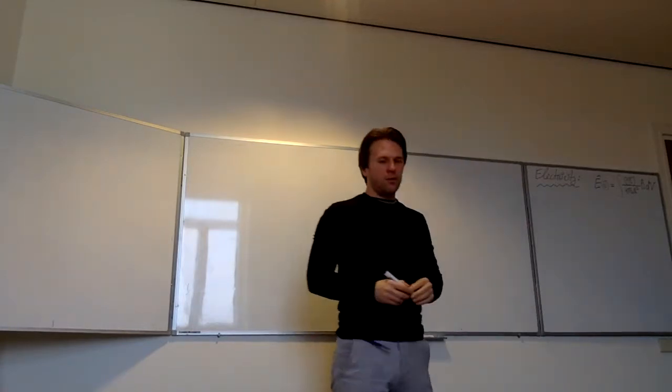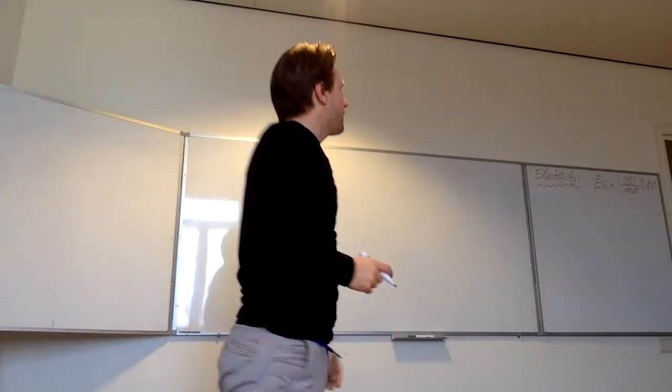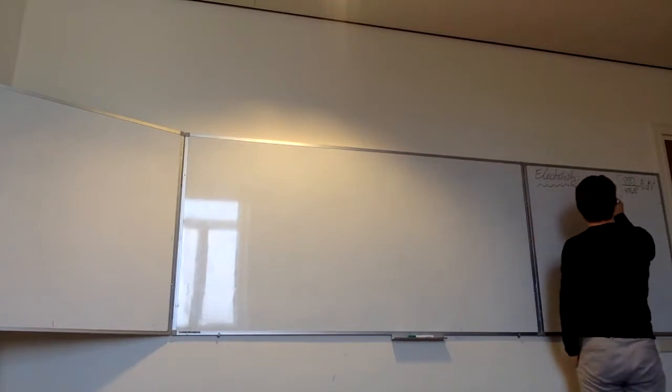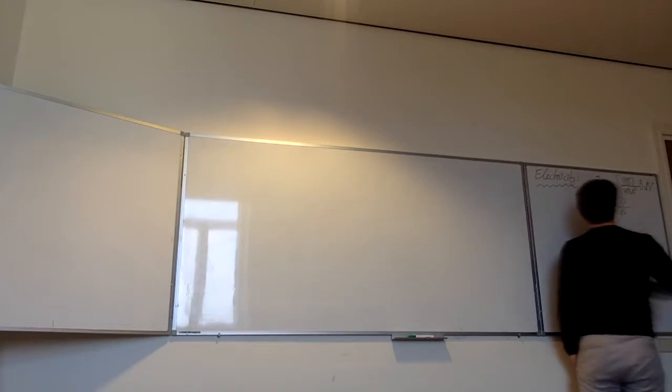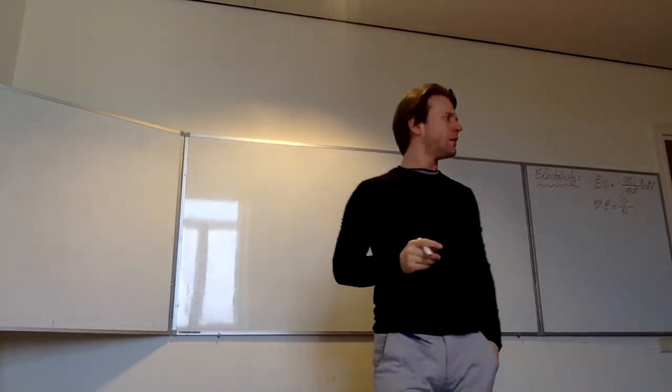And then we rewrote this in at least 2 different forms. One of them was this: that the divergence of the electric field is the same as the charge density divided by this number.